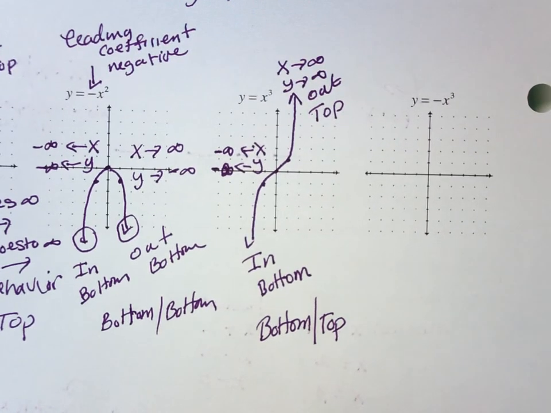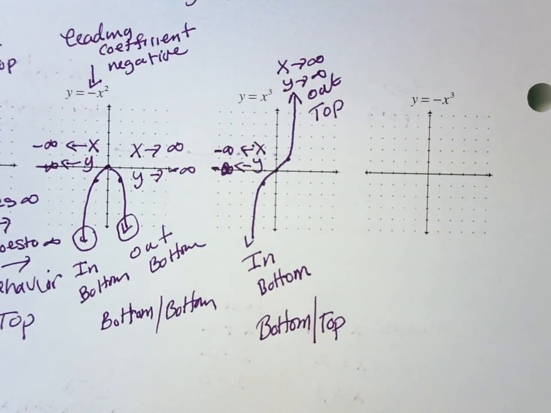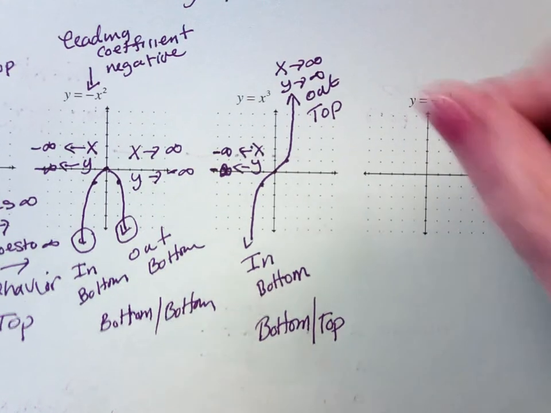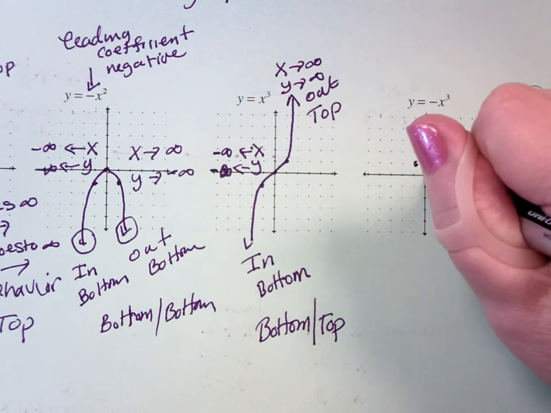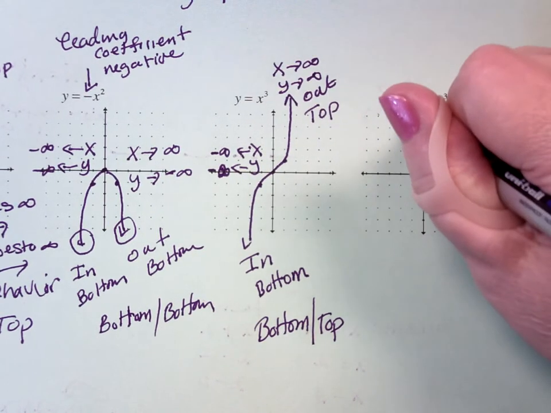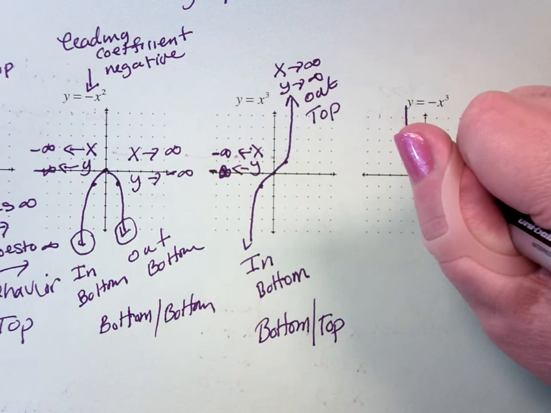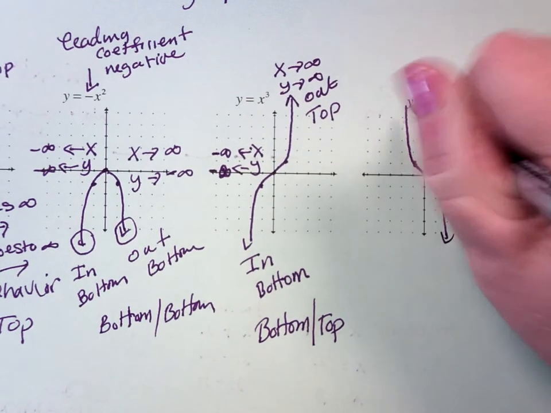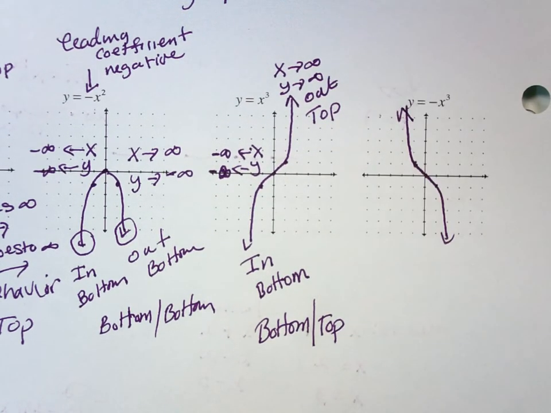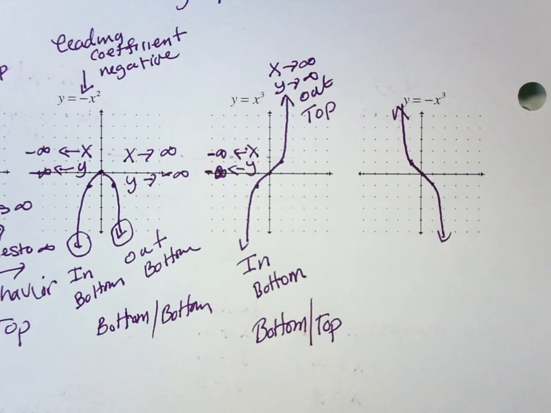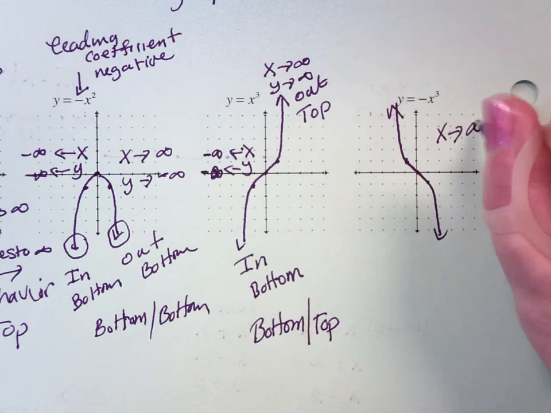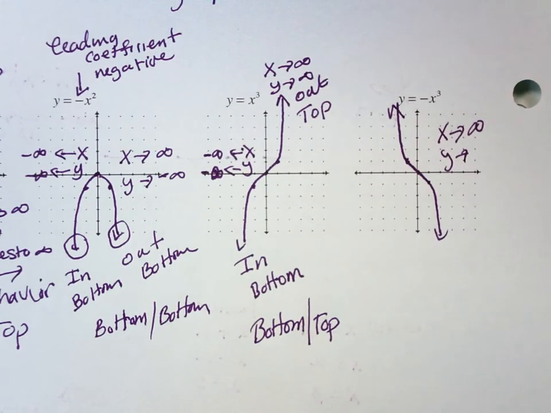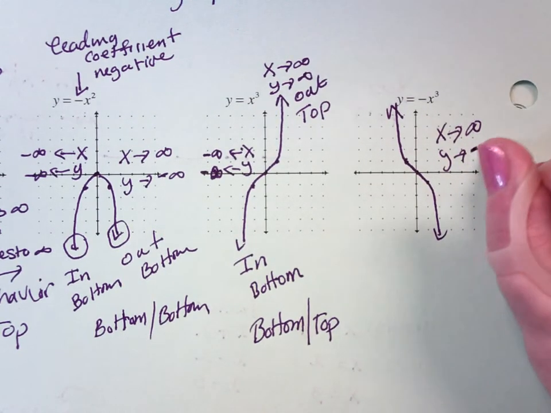Minus x cubed flips around the x-axis. So that means I'm now looking at this guy. He's harder to graph. You can do it. So there's my S curve. Now I notice that as x goes to infinity, y goes to negative infinity, because he's going down.